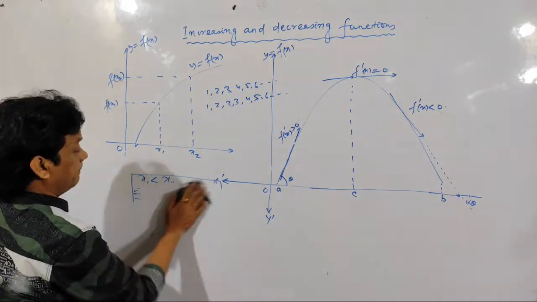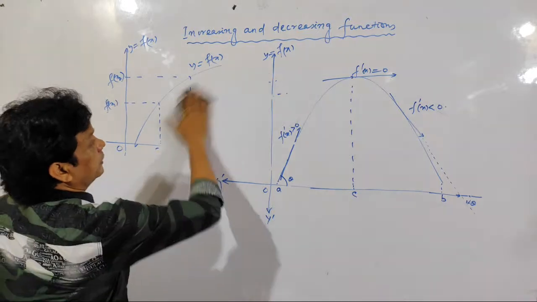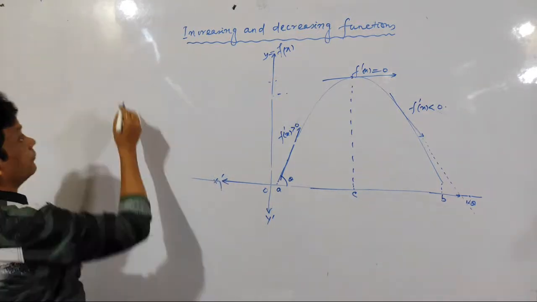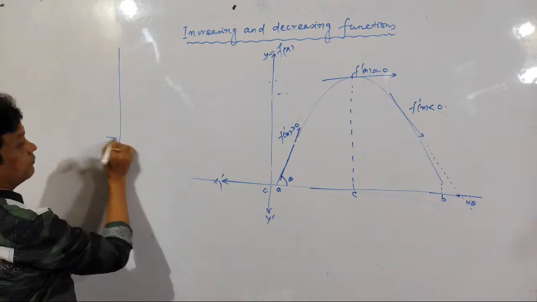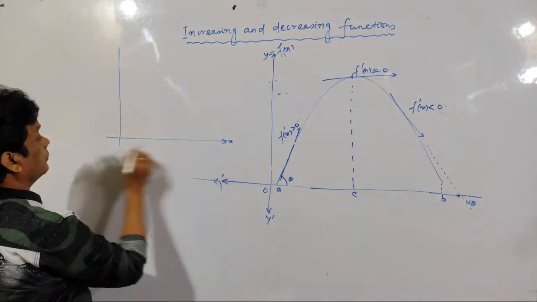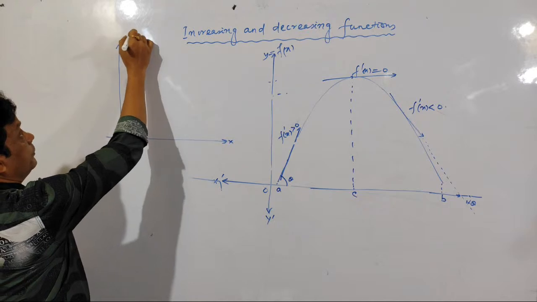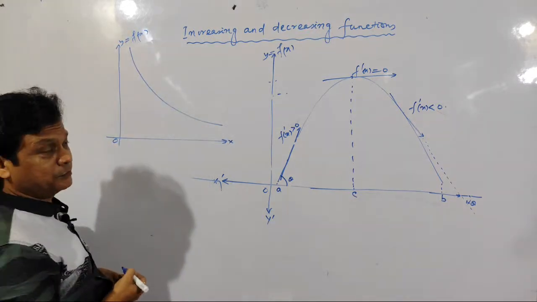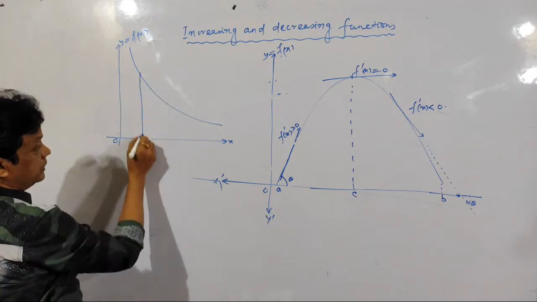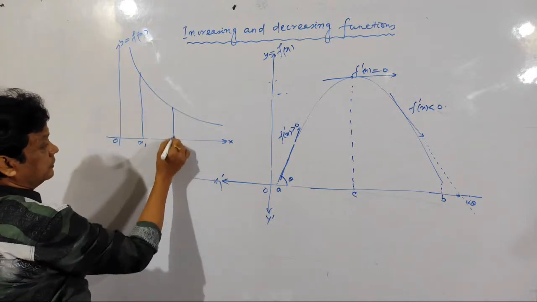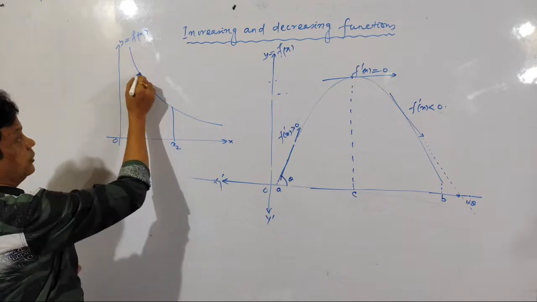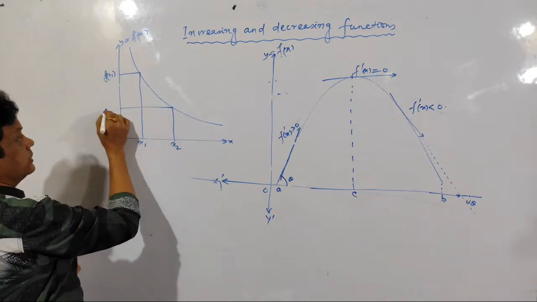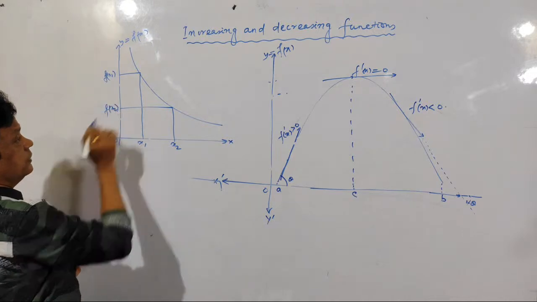Now, what is the definition of decreasing function? y is equal to f of x. Here the graph is decreasing. Clear? So see here, this is x1, this is x2, and the corresponding value of x1 is f of x1, and the corresponding value of x2 is f of x2 here.